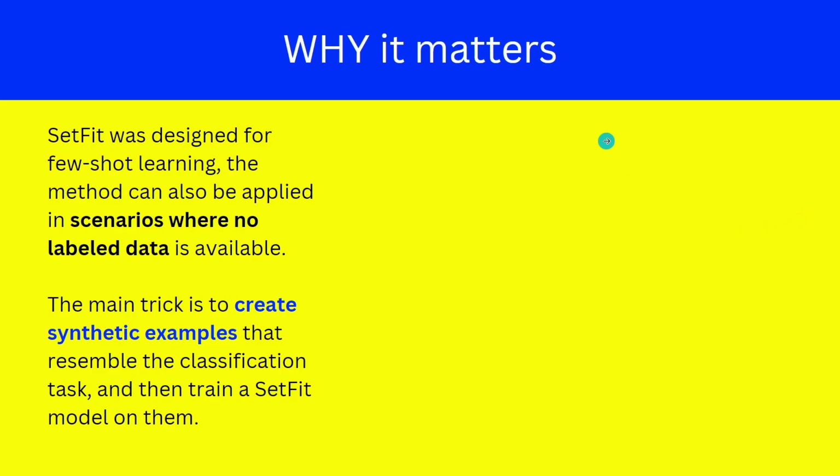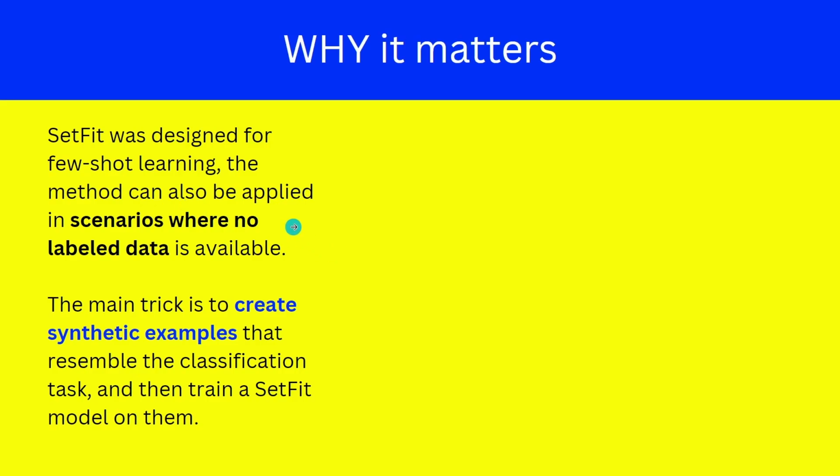So why does it matter? Now, SetFit was originally designed for few-shot learning. But this methodology can also be applied in scenarios where we have no labeled data available. So we have a pre-trained SBERT sentence transformer model on Hugging Face that we download.